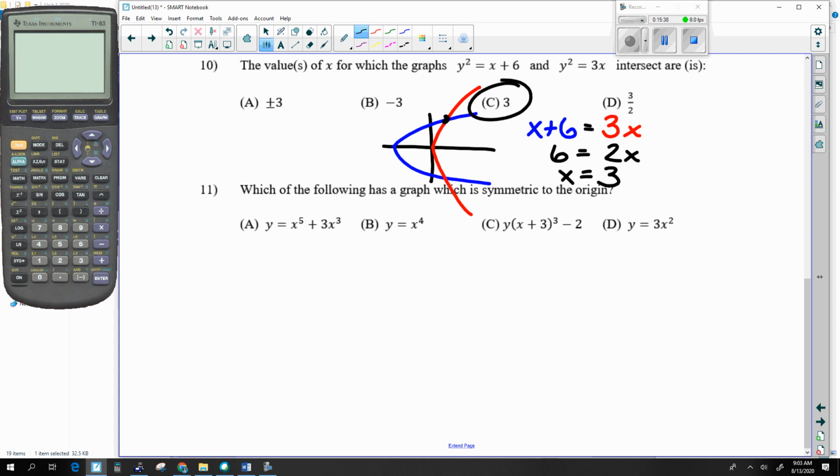So both of these coordinates would technically have an x value of 3. Different y values, but same x value.